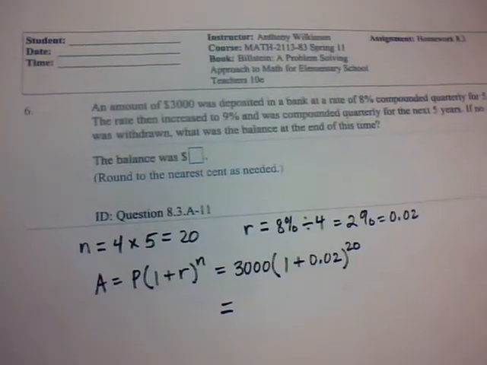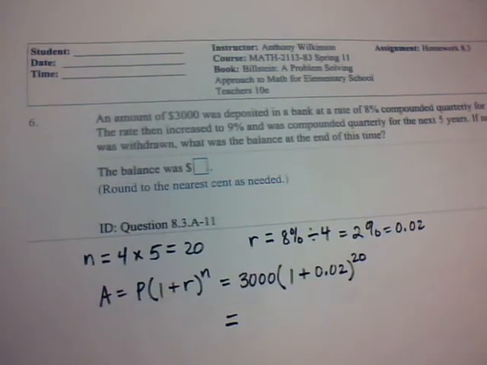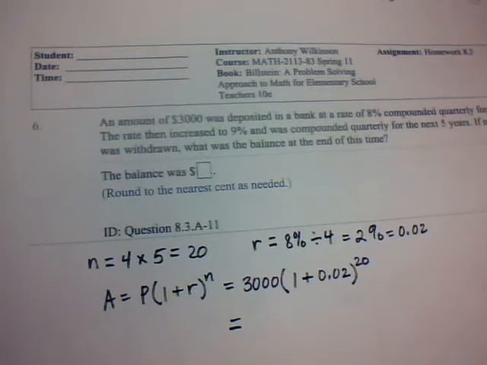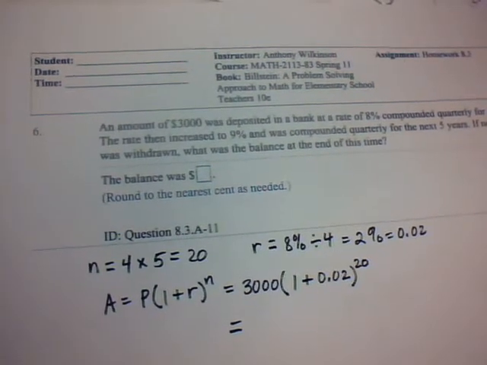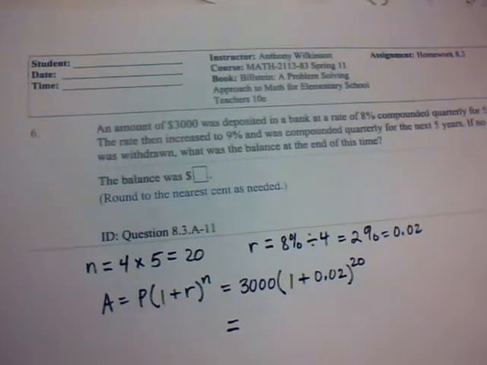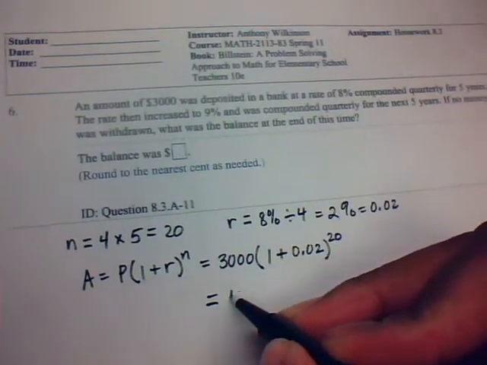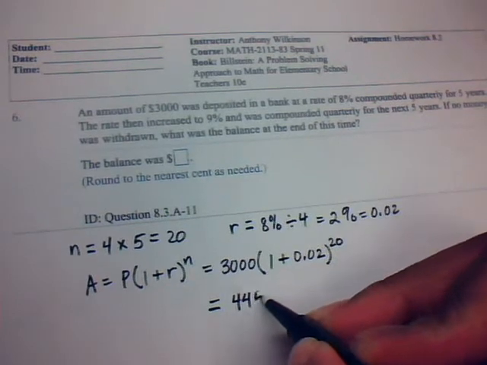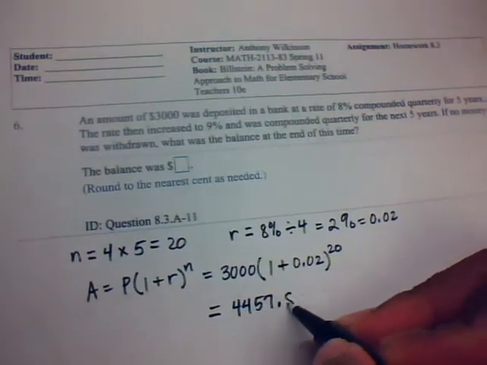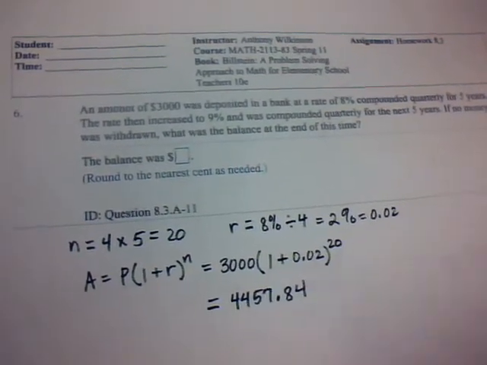So when we do 3,000 times 1 plus 0.02, and that quantity is to the 20th power, we'll get, now to the nearest cent, will be 4457.84.